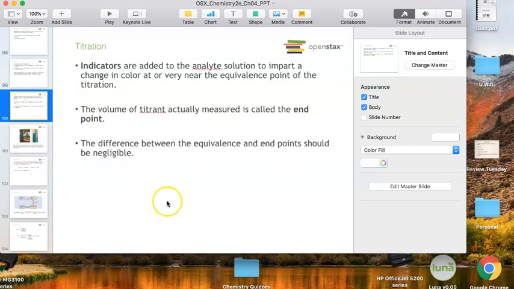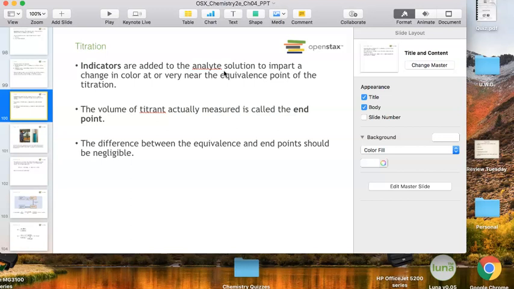So with titrations, you have indicators, because you have to have something that tells you to stop adding your sodium hydroxide. And so last week we used phenolphthalein. Indicators in general, and there are lots of different types depending on the reaction you're doing, will turn color at certain pH.